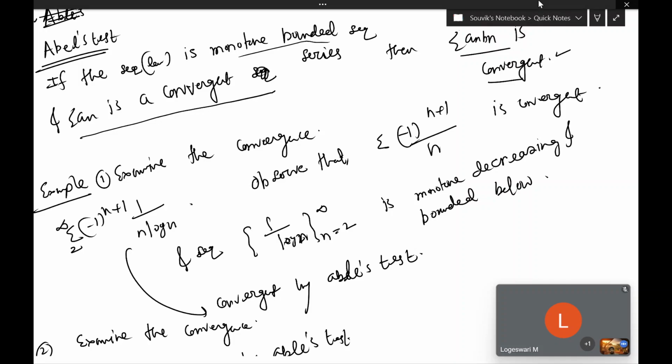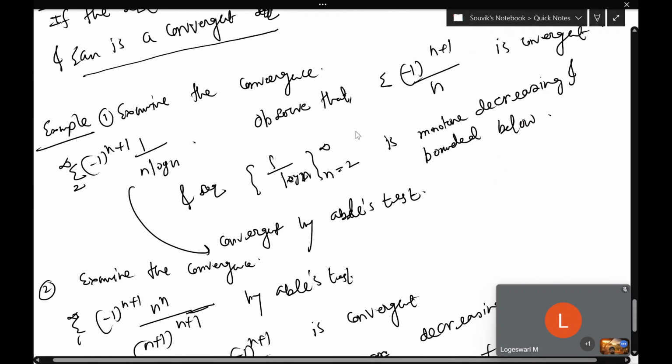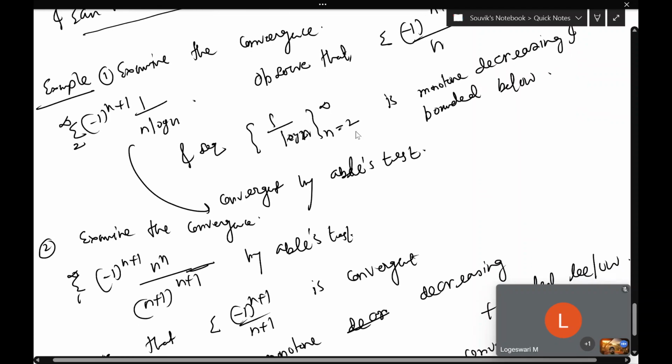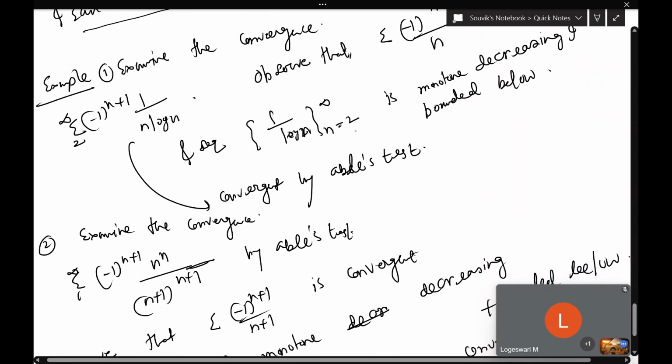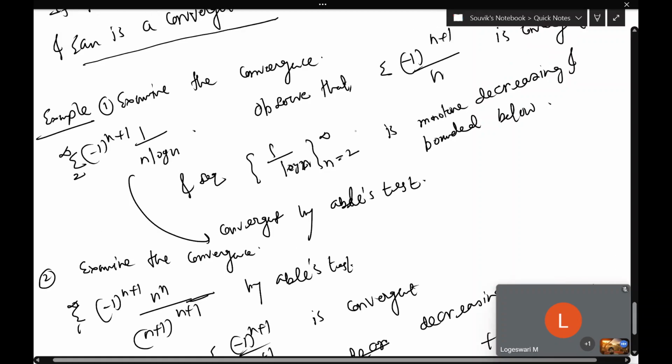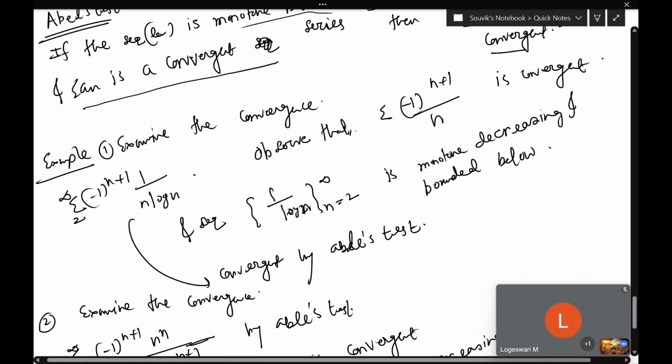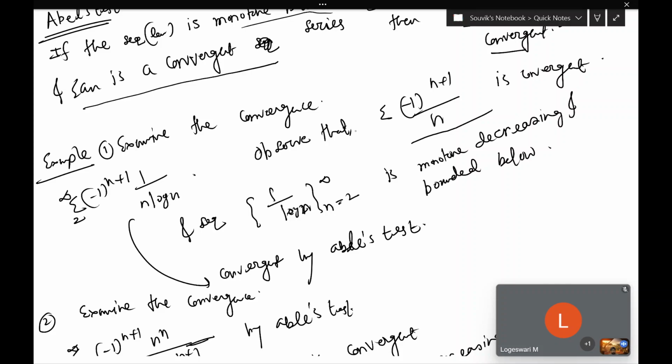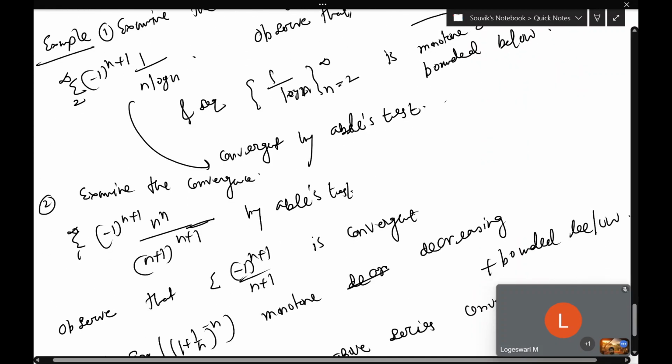Then we have discussed two examples. First one is summation from 2 to infinity of (-1)^(n+1)/(1+n log n). Here first we have observed that the summation of (-1)^(n+1)/n is convergent, and we observe that the sequence 1/log n from n equal to 2 to infinity is monotone and bounded below. So this is convergent by Abel's test.